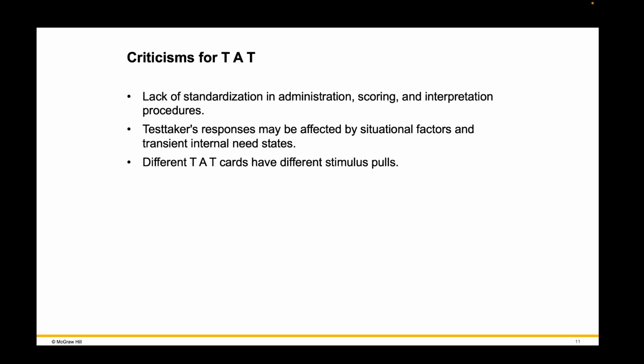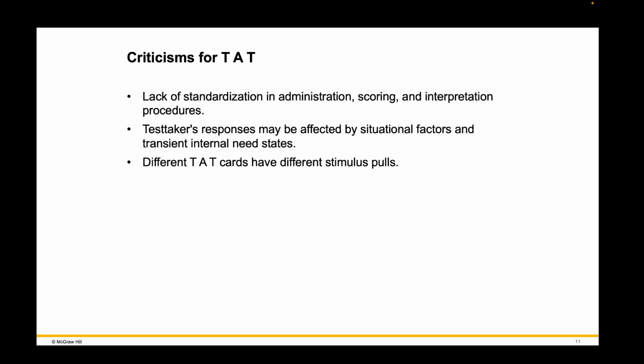Ito kasi, in terms of anong sasabihin mo, wala kang guide. And then with the scoring, yun nga, dahil nga sobrang simplistic ng scoring na ginawa ni Murray, ang hirap niyang iskoran, and the same with the interpretation.